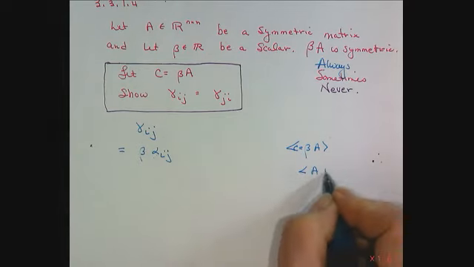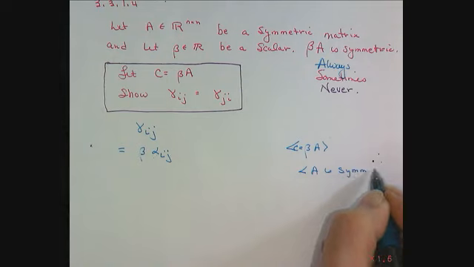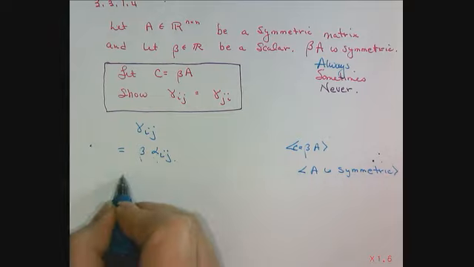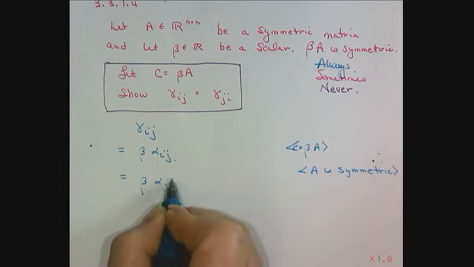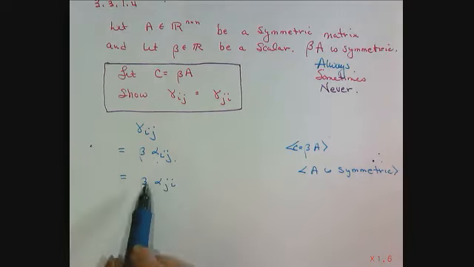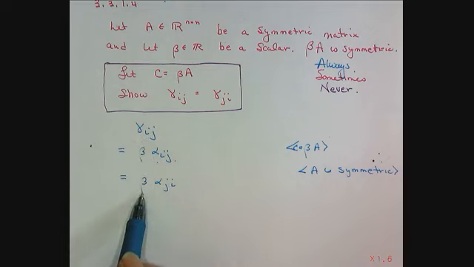A is symmetric, which means the entry in the ith row, jth column is the same as the entry in the jth row, ith column of A. So this gamma ij is actually equal to beta times alpha ji.